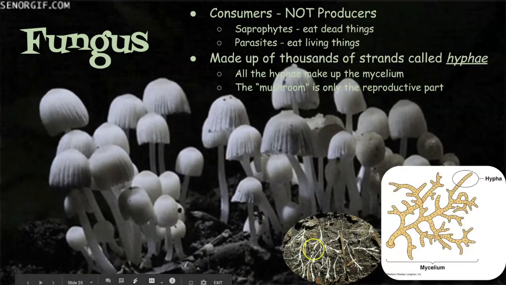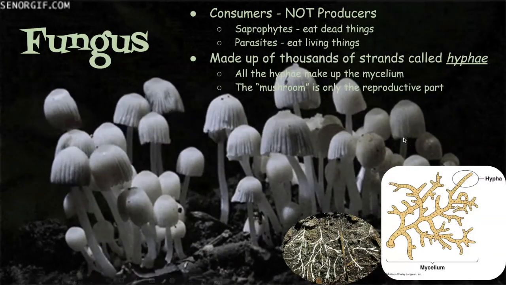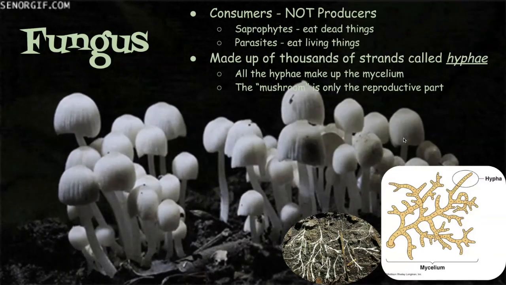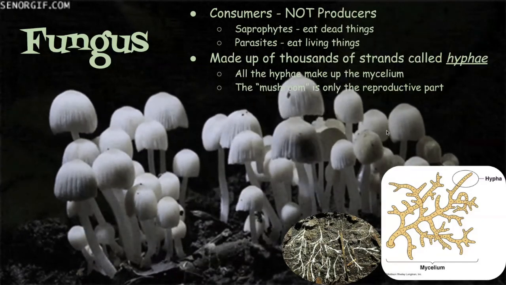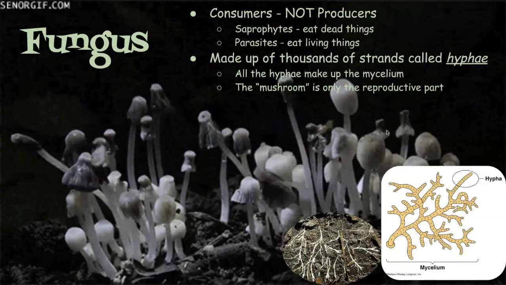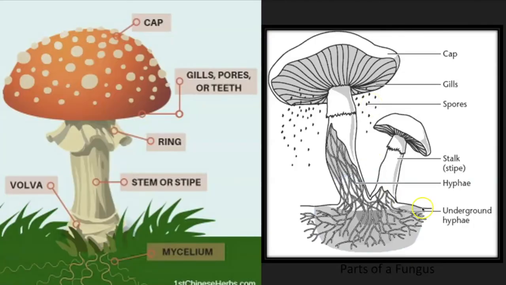This is the fungus. In fact, when you see mushrooms like this, all you're seeing is that the mycelium has developed enough, it's gotten old enough, and it's that time of the year where it's going to reproduce. And so what happens is this mycelium actually develops these hyphae into a mushroom.